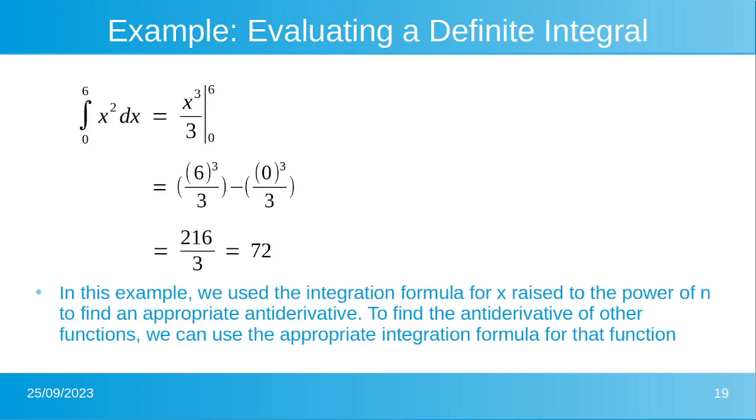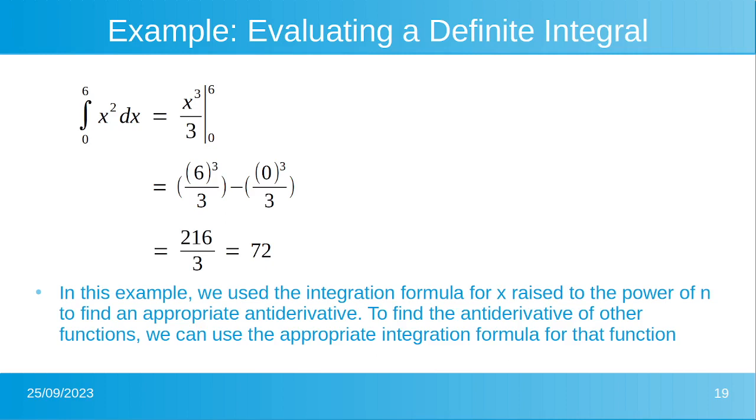That's going to be equal to 6 cubed divided by 3 minus 0 cubed divided by 3, which corresponds to our capital F of b minus capital F of a, where our b is equal to 6, our a is equal to 0, and our capital F of x is equal to x cubed over 3.